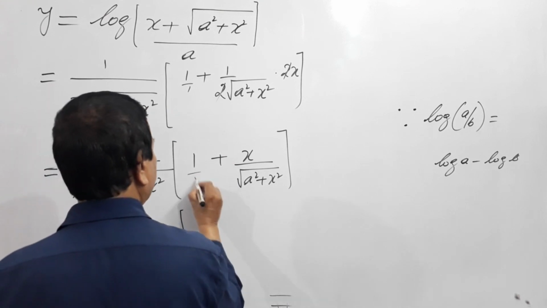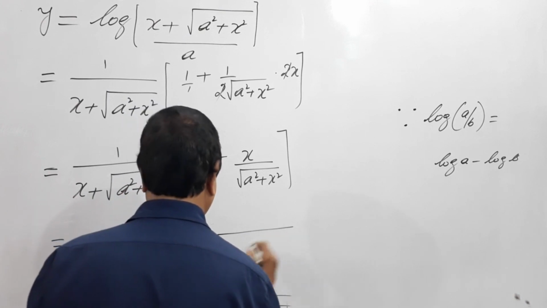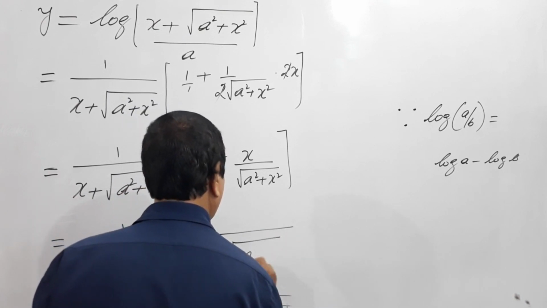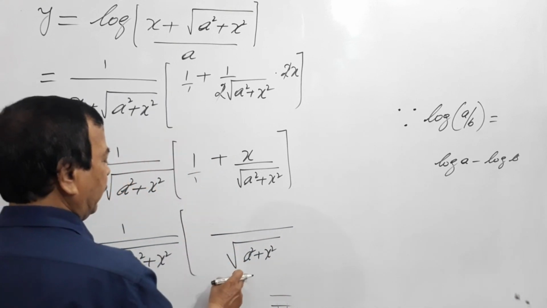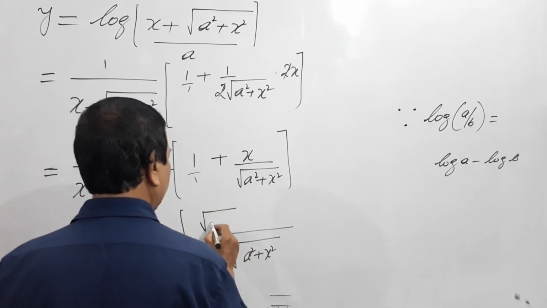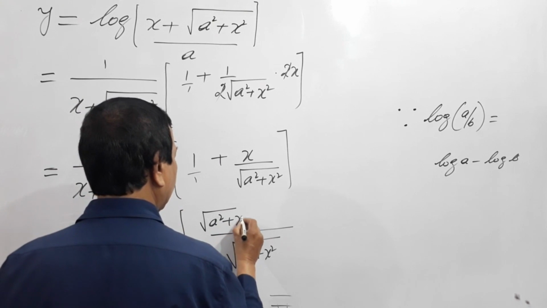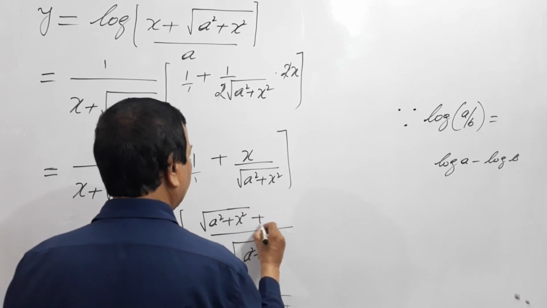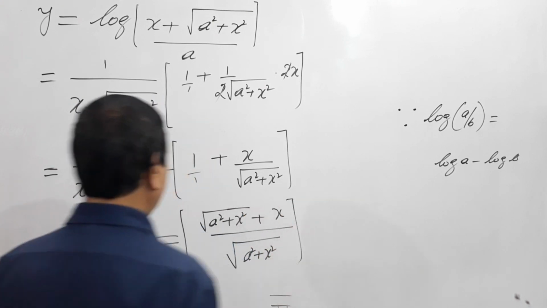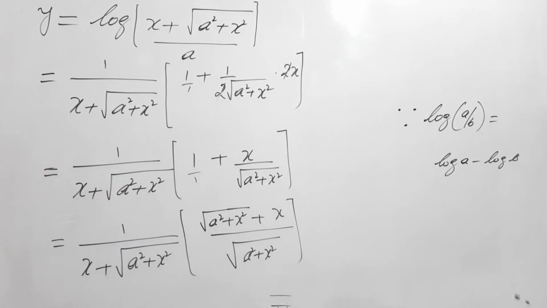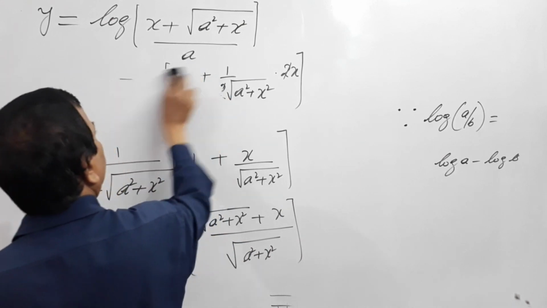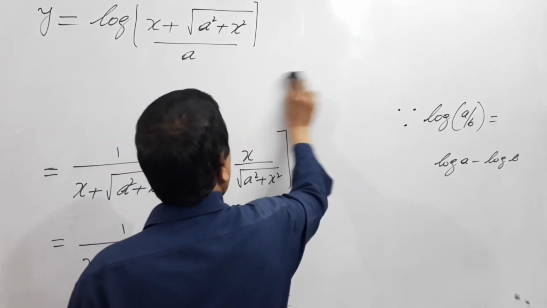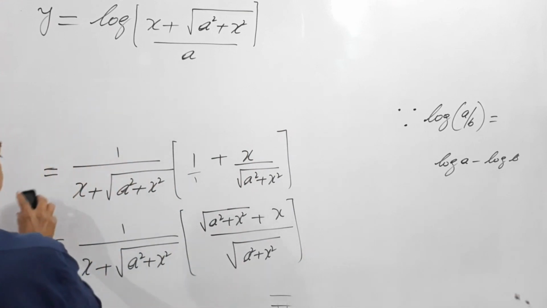So the LCM is under the root a square plus x square. It goes one time, that is under the root a square plus x square plus x. Done. I'll rearrange this.